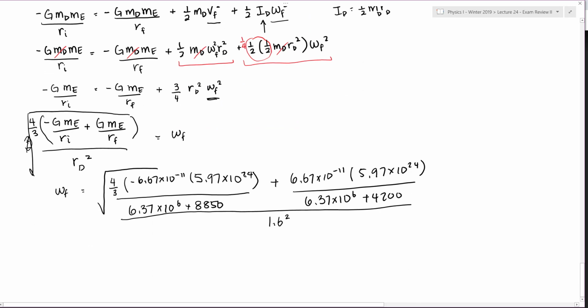And now my square root should cover the entire thing, so I'm just going to make it really big here.